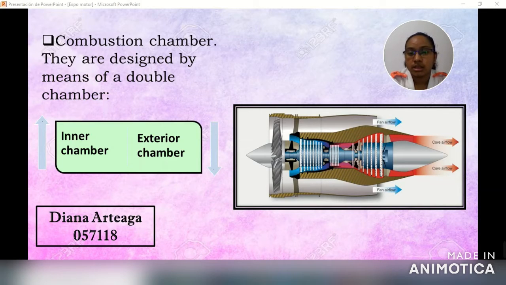The exterior chamber is responsible for collecting the oxidizer air coming from the compressor. It circulates around the exterior of the interior chamber to cool the ceramic panels and at the same time distributes the air intake to the interior chamber correctly.